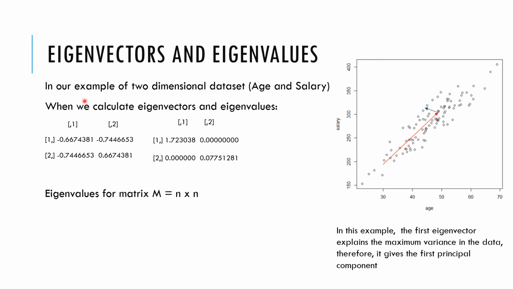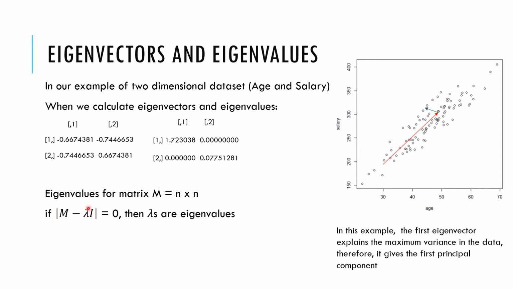So how to calculate? This is the formula. If we have a matrix, n by n, right? Matrix, then how to calculate the eigenvalue? So this is the matrix M. Okay, this I stands for identity matrix. That means all the diagonals are ones and all the other values are zeros. And this I is also n by n identity matrix, right? And lambda is when we multiply with this, lambda will be the total number of column or number of rows, right?